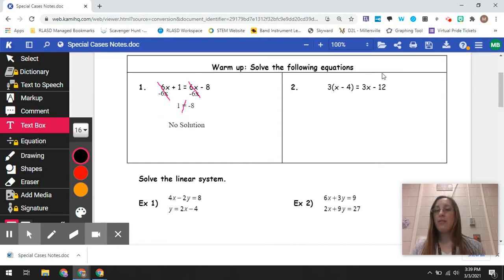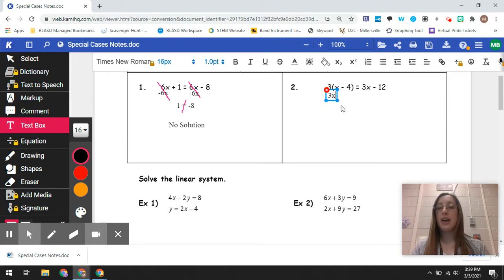And then we also have this one over here. Remember, if it's in parentheses, you should be doing order of operations, which means it's going to come first, and that is the distribution. So we have 3x minus 12 equals 3x minus 12. Then you want to make sure that you're getting rid of your variables and making them all go onto one side.